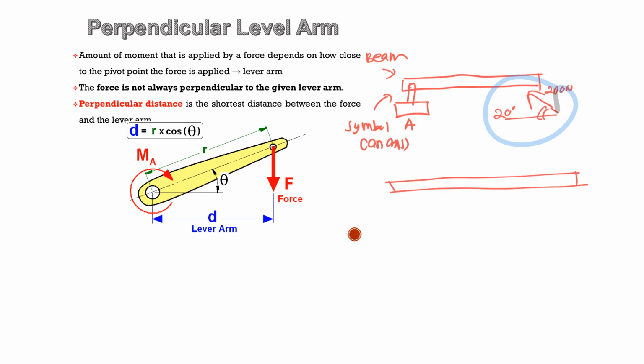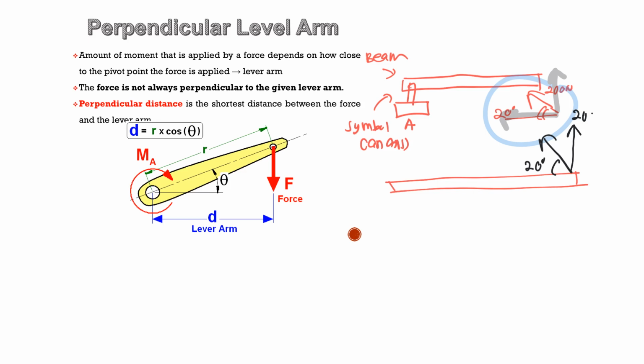Here is the y-axis, and this is the x-axis. So when I draw it back, make sure that your force is always outward, and this is 20 degrees, and then you make sure that you resolve the force.